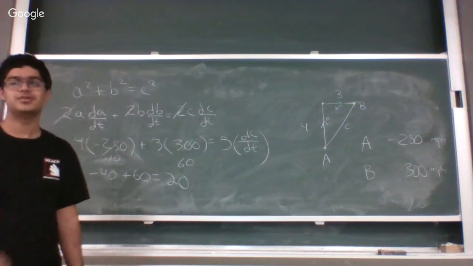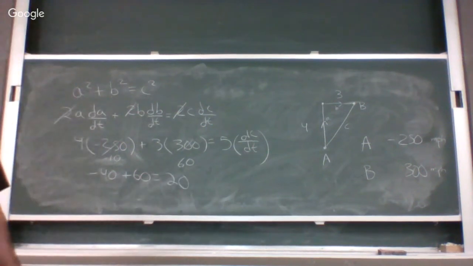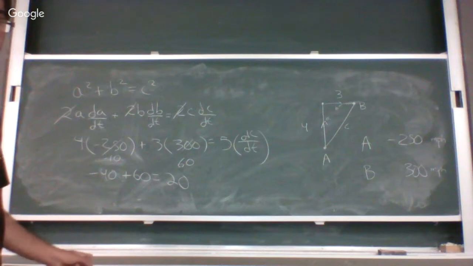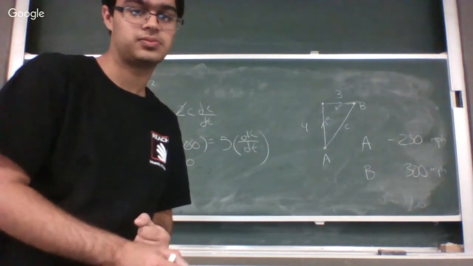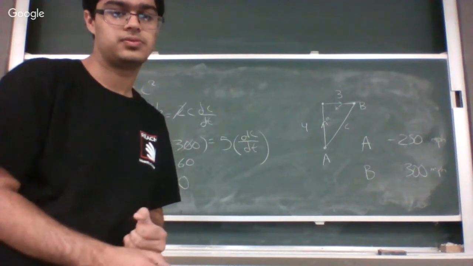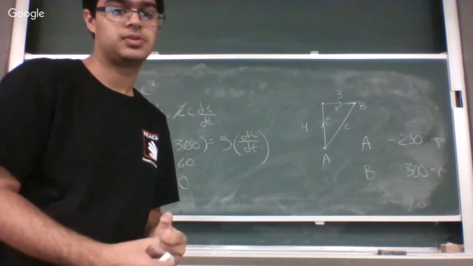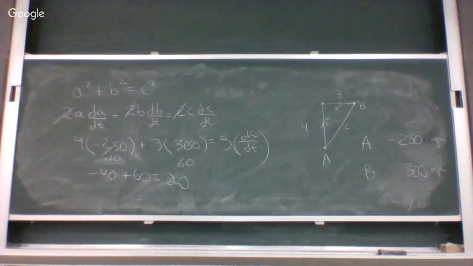You multiplied them and then divided. That should be a negative 20 though, shouldn't it? Yeah, because you'd have negative 1,000 plus positive 900, so you get negative 100 divided by 5.